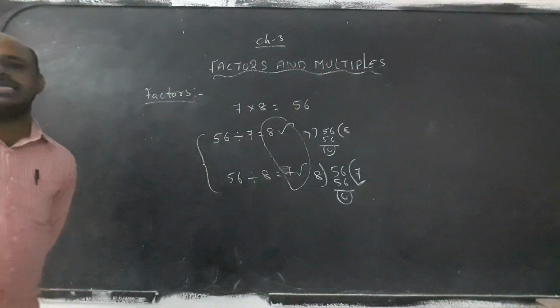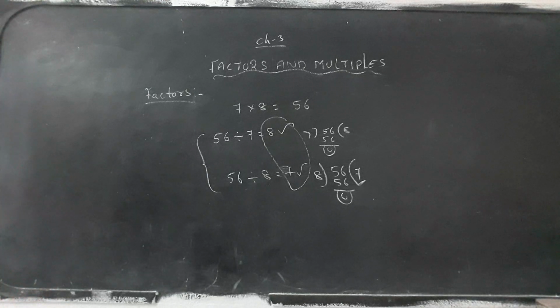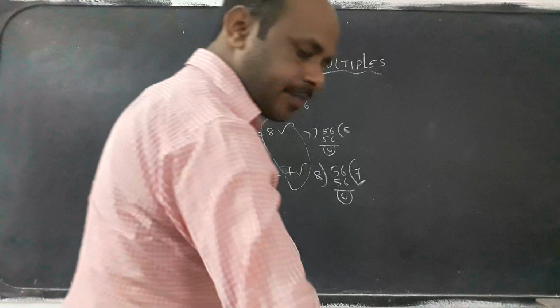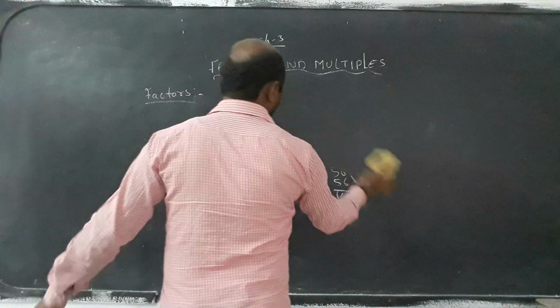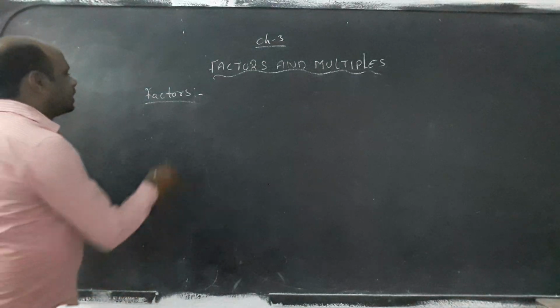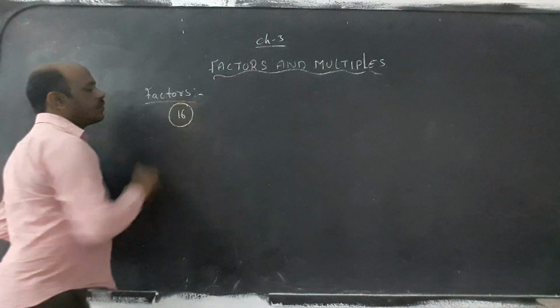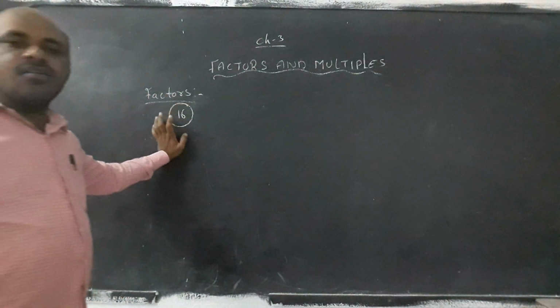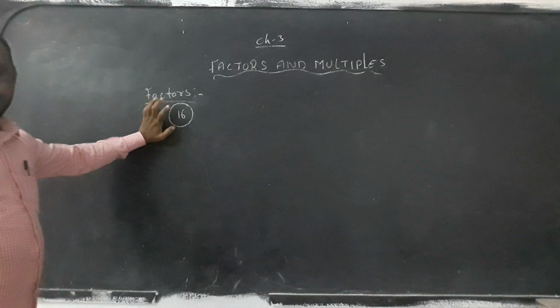See, a few more examples I will explain. Finding the factors of numbers. How to find the factors, a few more examples. First, 16. Now we have to write all the factors of 16.